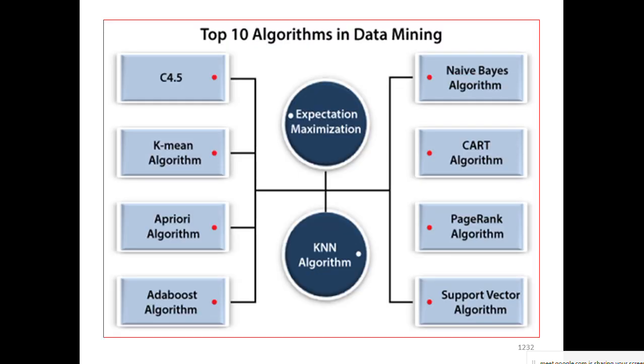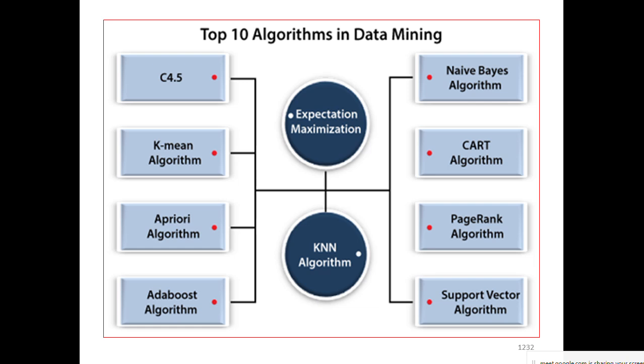Then the top 10 algorithms in data mining: C4.5 is a classification algorithm. K-means is a clustering algorithm. Apriori is an association rule mining algorithm.